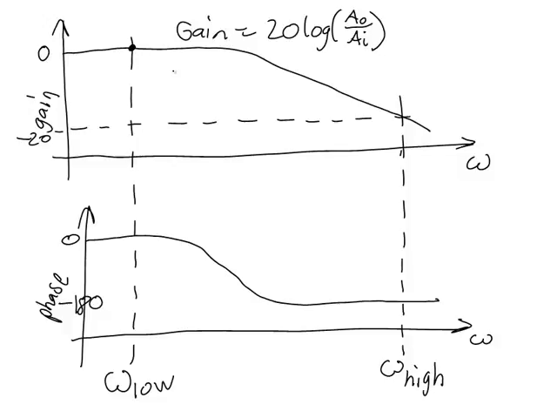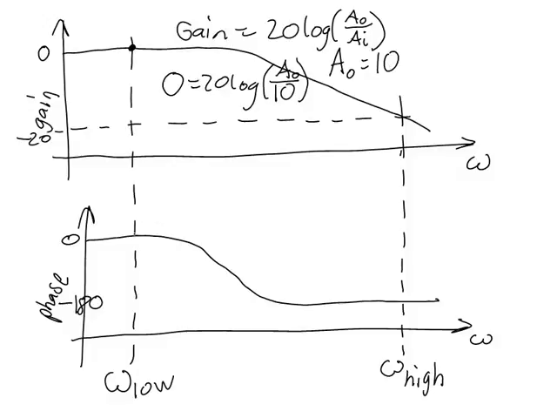I can plug in 0 for my gain. And I would also plug in the amplitude of the input, which I know because we have the input signal plotted on the plot. Suppose I know that the amplitude of the input is 10. I can then calculate the amplitude of the output by knowing the gain, and I would find that the amplitude of the output is also equal to 10.